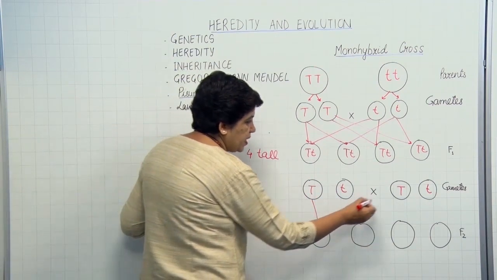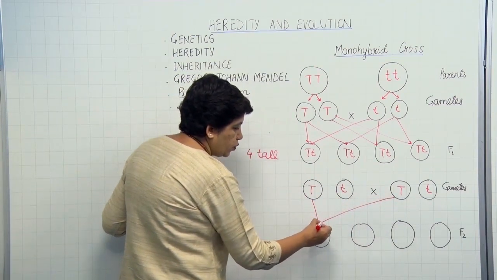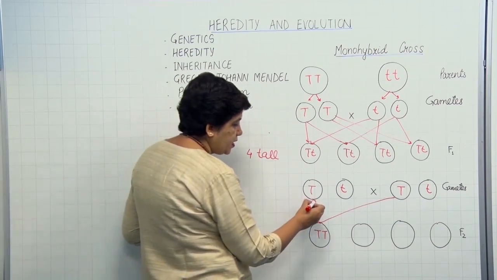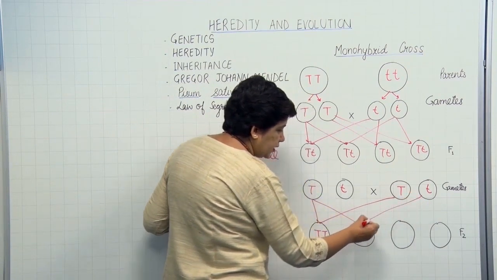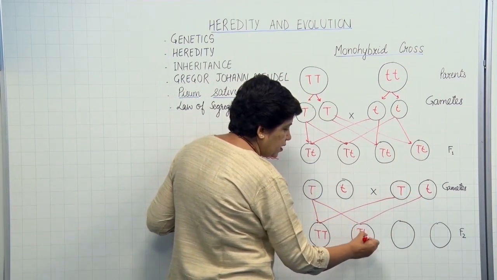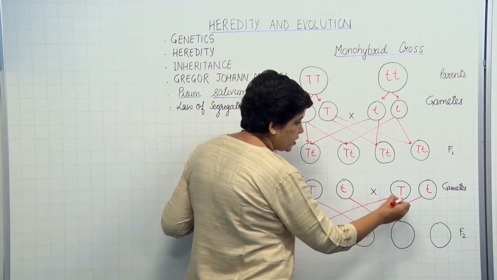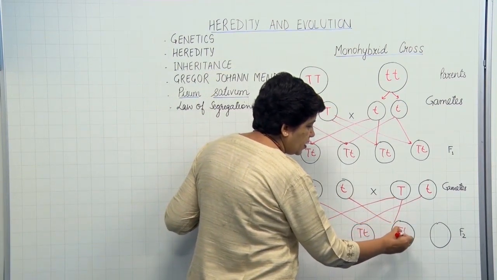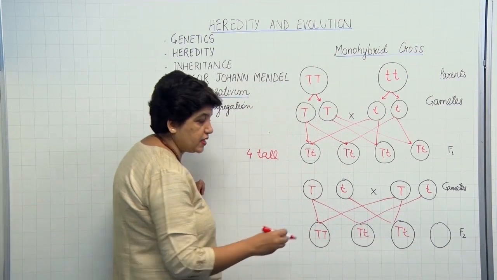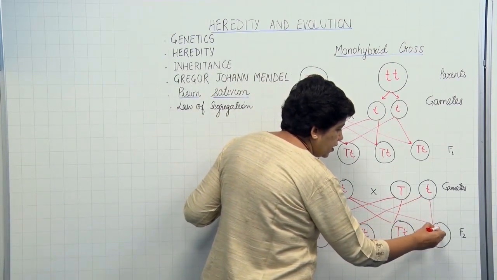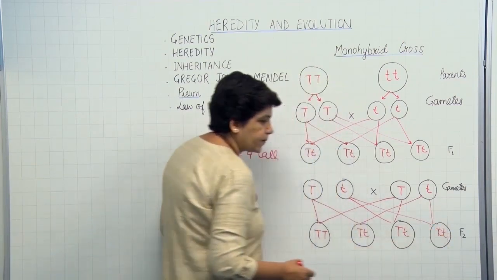If this gamete fuses with this one, it will give rise to capital T, capital T. If this fuses with the other one, it will have one capital, one small. Now let us consider this gamete fuses with this: capital T, small t. But in the fourth case, notice, this small and this small fuse together to form two small t's.